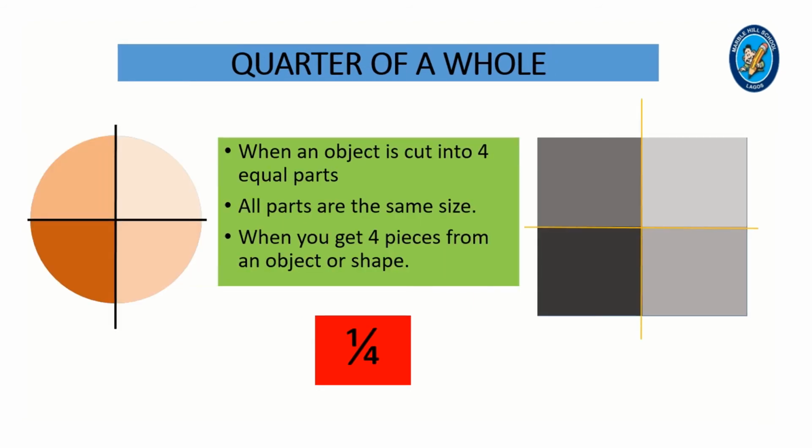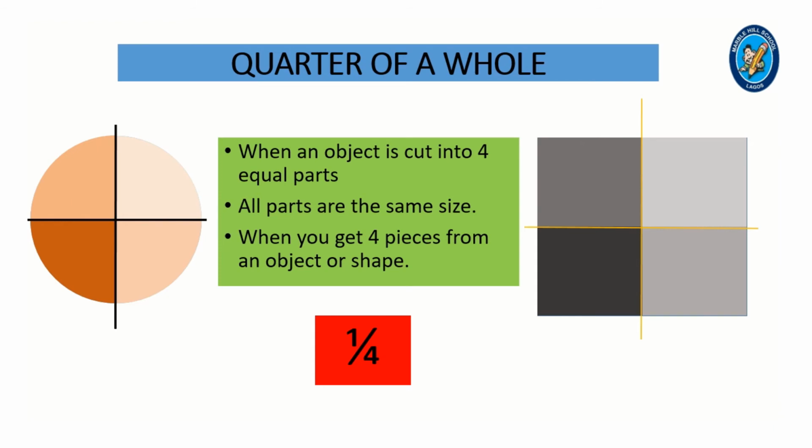The third fraction we're going to learn is the quarter. The quarter of a whole is when you cut an object into 4 equal parts and all the parts are the same size.